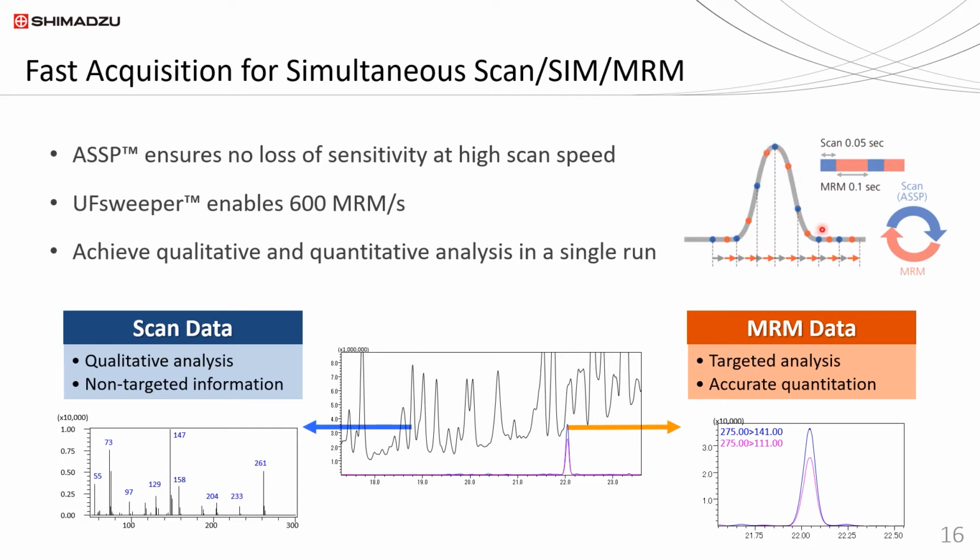And this repeats throughout the analysis. This is only made possible because Shimadzu GCMS has very high scan speed and has UFMS technology. The scan data will consist of mass spectral information for both qualitative and quantitative analysis.